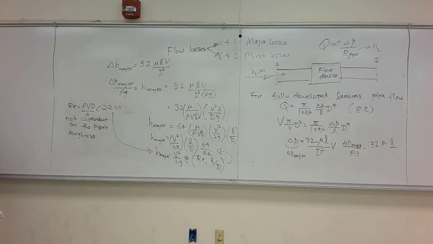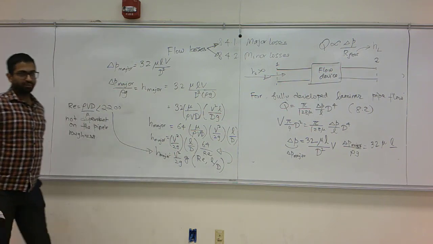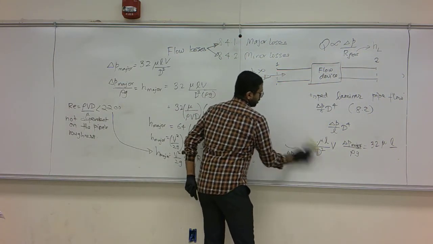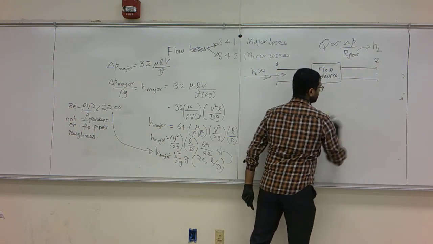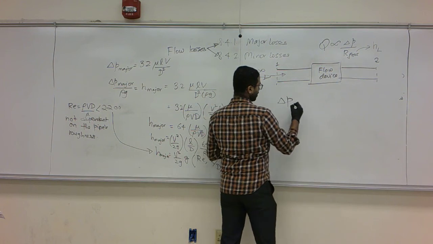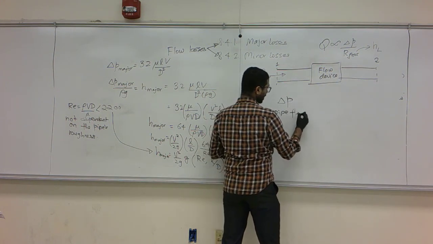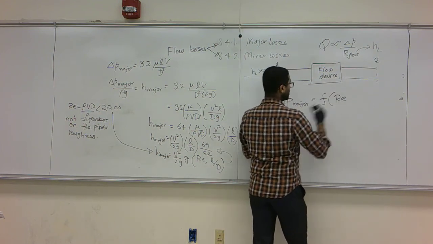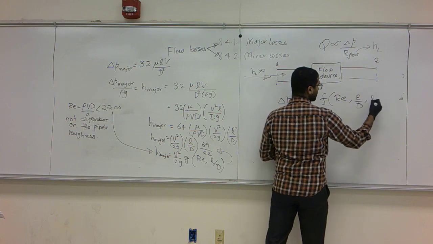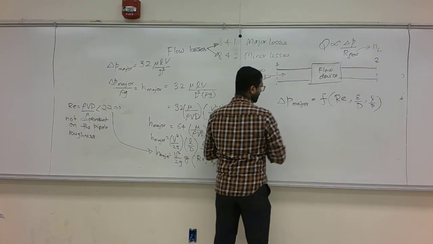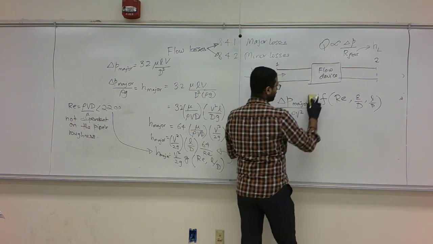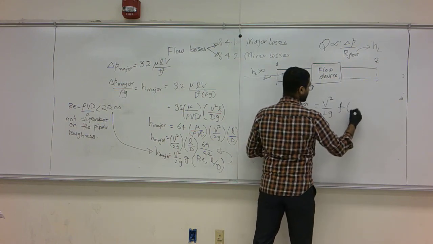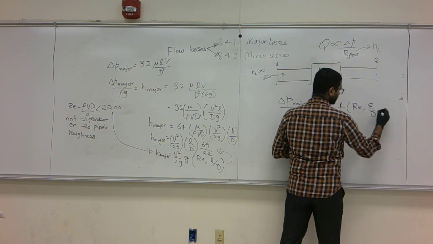In some cases we can obtain this from analysis or from experimental data, but in general, what you need to understand is delta P for a pipe flow, or delta P major for a pipe flow, is a function of the Reynolds number, the roughness, the length, and we write delta P divided by rho g as V squared over 2g times the function that depends on these quantities.